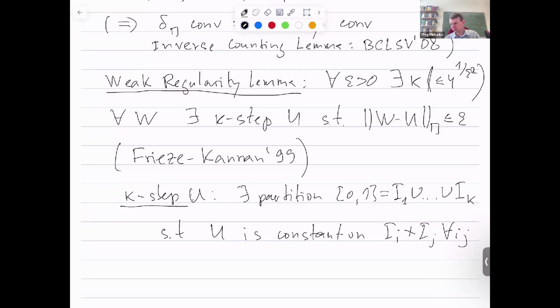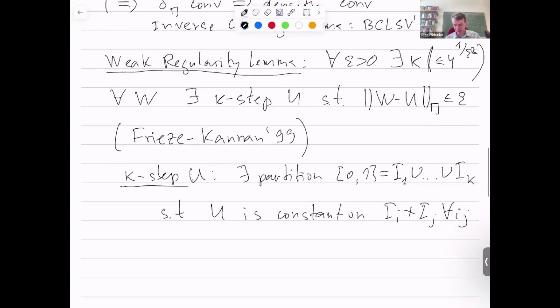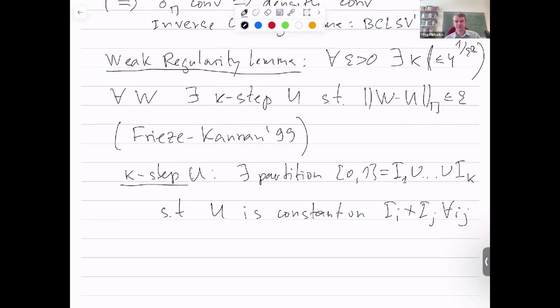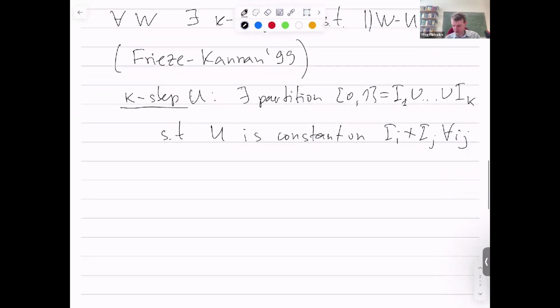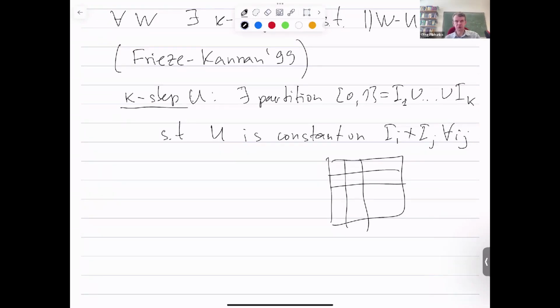Also, when we talk about graphons, we can ignore a set of measure 0, so we can say almost everywhere constant. That would probably be a more common definition of a k-step graphon. So the picture is I can partition into some number of parts, maybe 3 of them, and on each of these 9 squares, U is constant. And since it's a symmetric function, it should also be symmetric, of course.